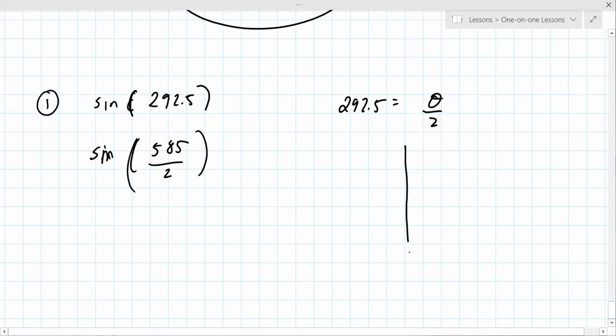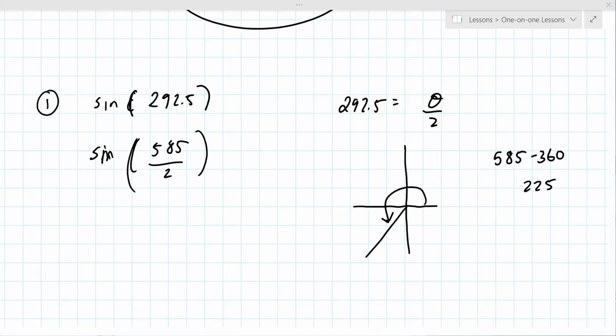I don't know where that is in the unit circle, but we're going all the way around. 585 minus 360 is 225, and that's a nice known place, in quadrant 3. We know that sine is negative there.